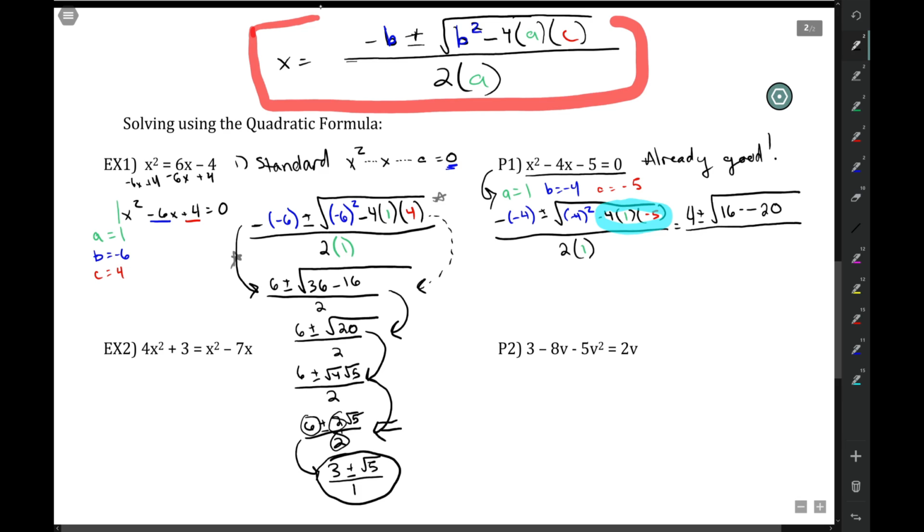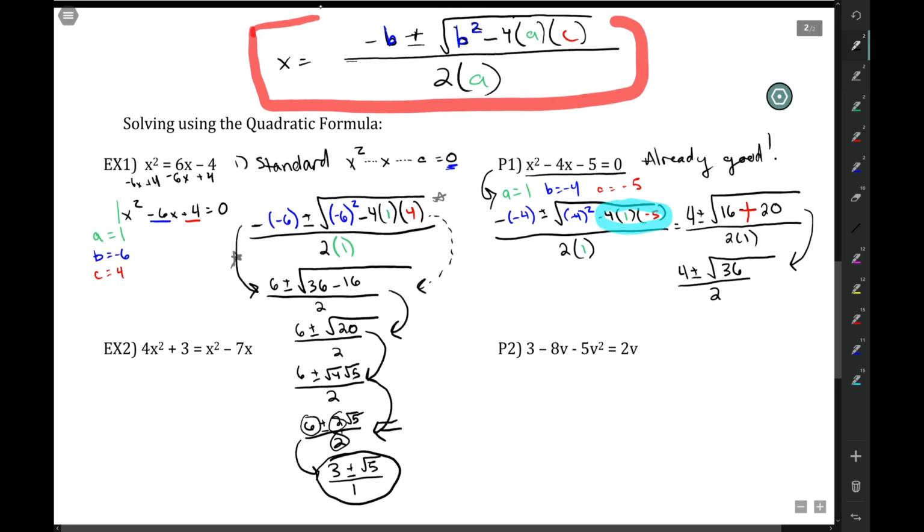All over 2 times 1. Okay. From here now, this is where I say be careful. You have 4 plus or minus square root. This minus a negative is really going to be a positive. So we have the square root of 36 all over 2.